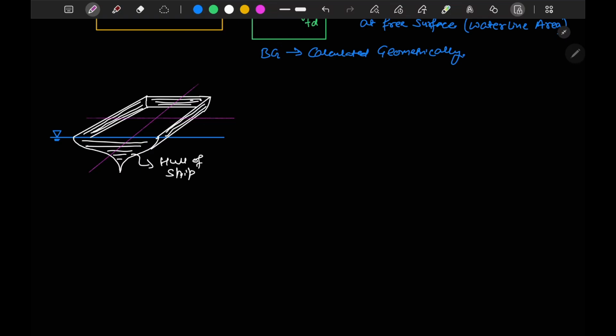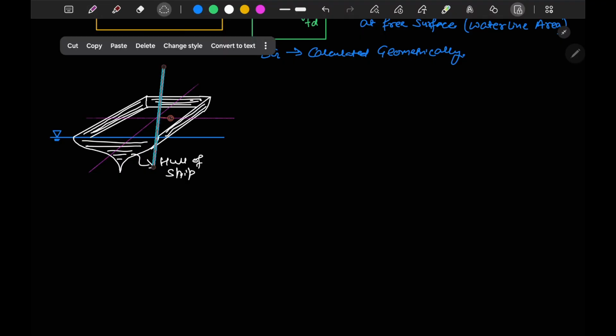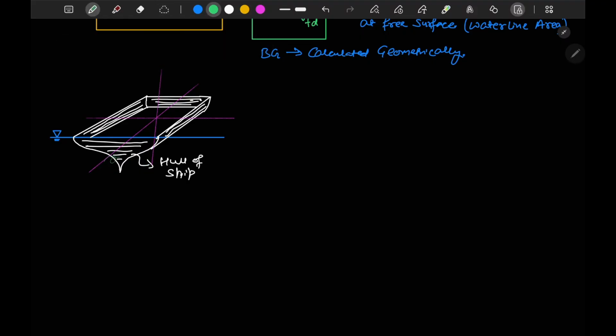This is your other axis, and this is your vertical axis. This axis is called your fore-aft axis. And if we talk about the rotation in this, it is called rolling.